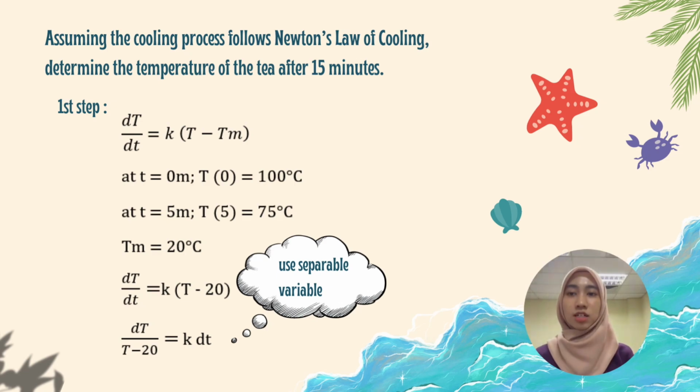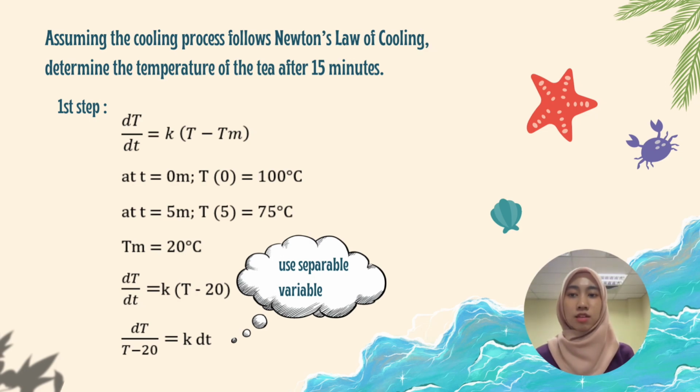We use the formula dT/dt equals k(T minus Tm), given the initial condition T(0) equals 100 degrees Celsius and T(5) equals 75 degrees Celsius. Given that the surrounding temperature Tm equals 20 degrees Celsius, we substitute it into the formula, which is dT/dt equals k(T minus 20).